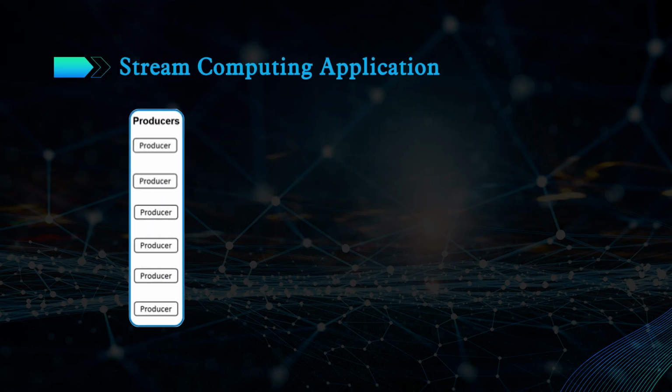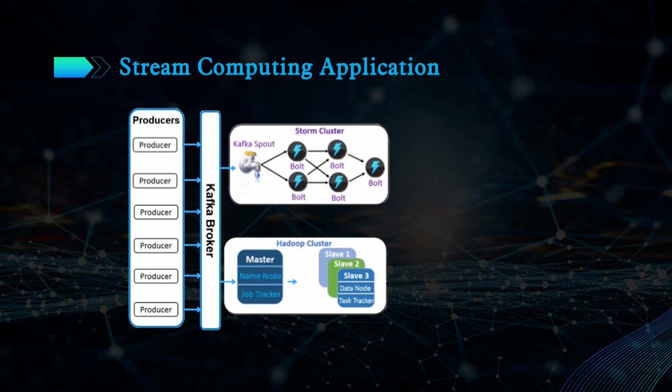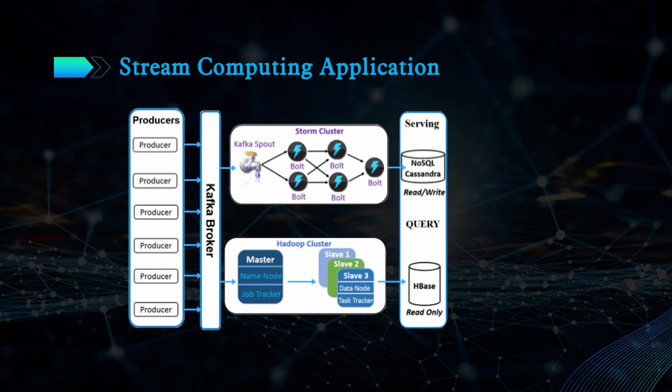During the real application, sometimes the batch computing and the stream computing are combined to finish the history records analysis and real-time analysis, as shown in the diagram. Kafka broker takes the data from the data producer and delivers them into stream computing STORM cluster and the batch computing Hadoop cluster. The processing output of STORM can be stored in NoSQL Cassandra database.